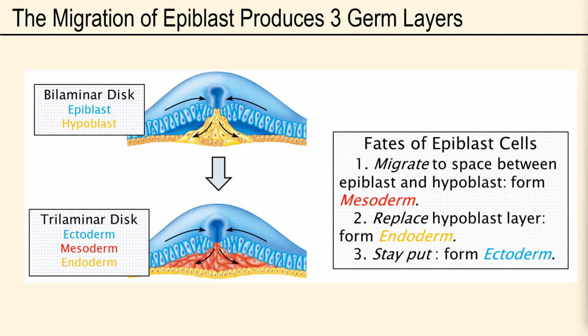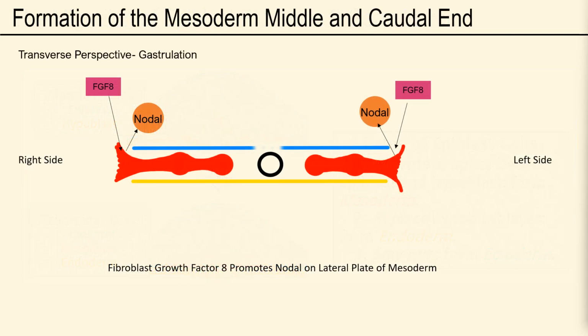But what about the left and right axis, which is a process called lateralization? On this slide, we have shifted to a transverse perspective. The left side of the embryo is on the right side of the screen, as though we were looking at it in any transverse view in anatomy.